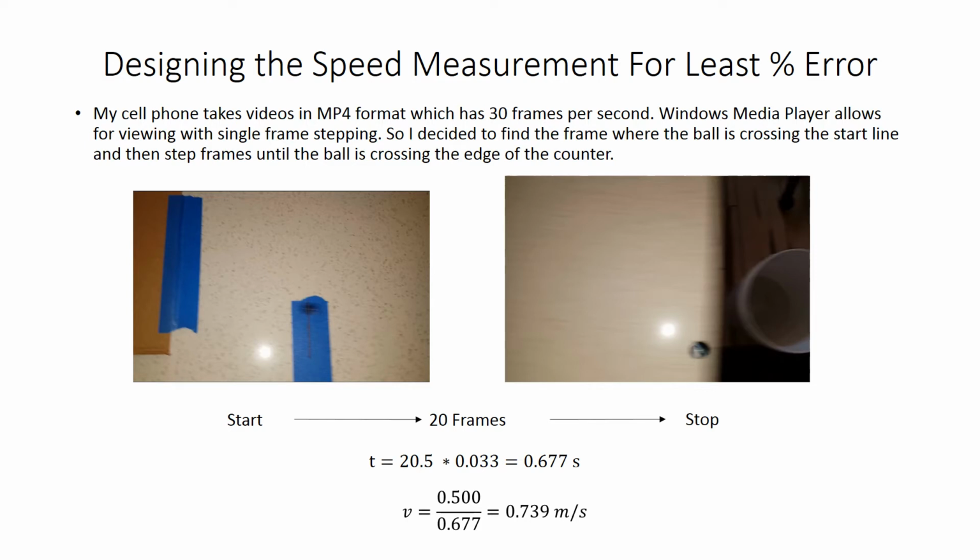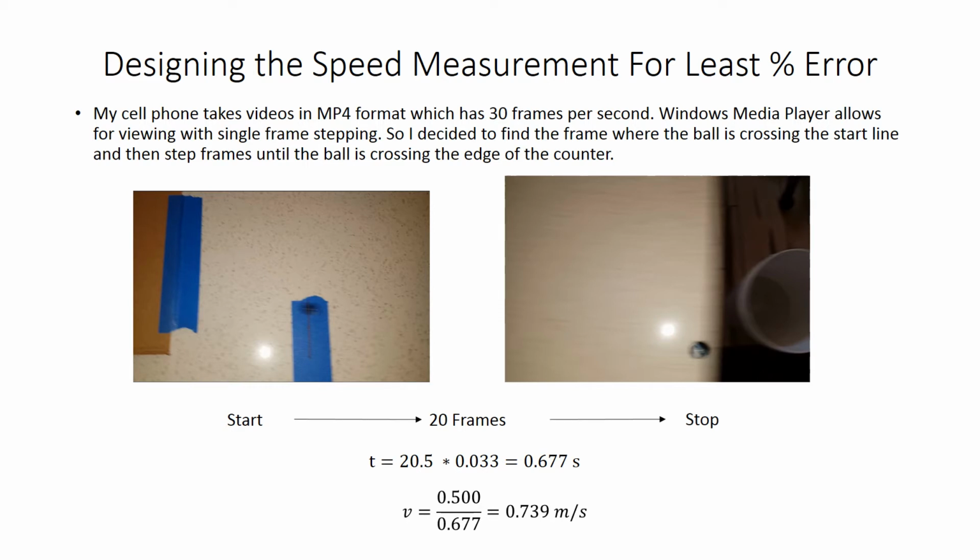My cell phone takes videos in MP4 format, which has 30 frames per second, or a picture every 0.033 seconds. So in principle, the video can be used as a stopwatch.